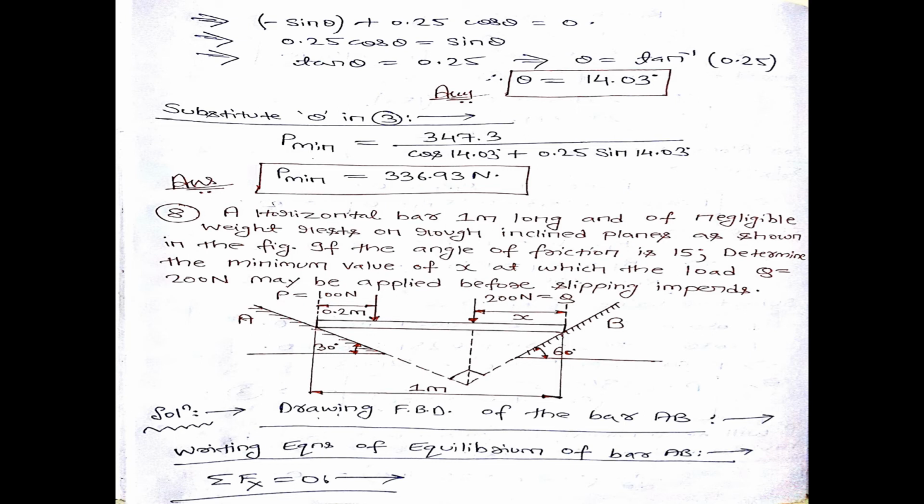So I have to take the help of the moment equation, that is, summation of moment about any point is equal to 0. Since I need to find this distance x from point B, let us write down the equation of moment about point B equal to 0. Then from this equation we can easily find the value of x. Is it clear?